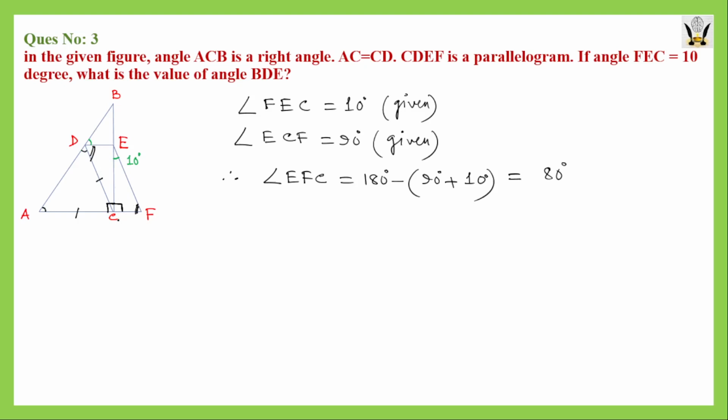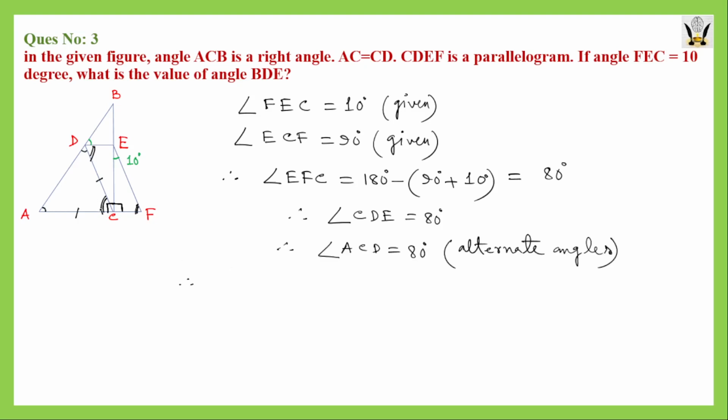So we can say angle CDE will also be 80 degrees. And since CDEF is a parallelogram, DE will be parallel to CF. So angle CDE will be equal to angle ACD, since these two are alternate angles. So this is 80 degrees.